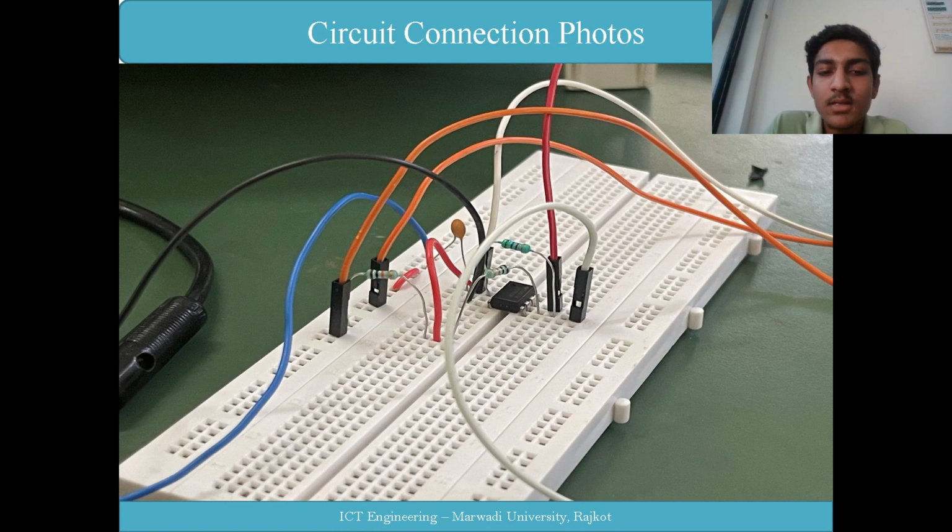There are two orange jumper wires, which are our waveform channel 1 and channel 2 ground. The red and black wires are our power supply wires. And the white jumper wires are the positive terminals of our channel 1 and 2.